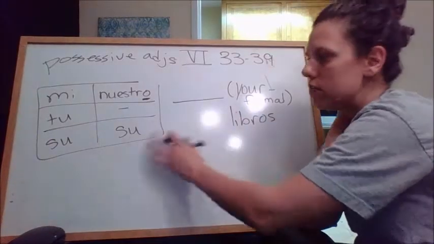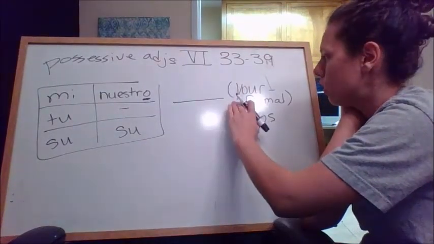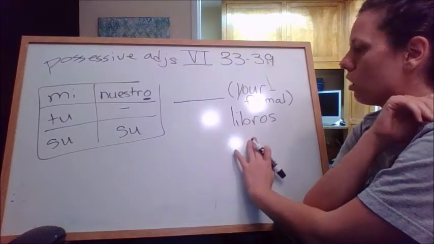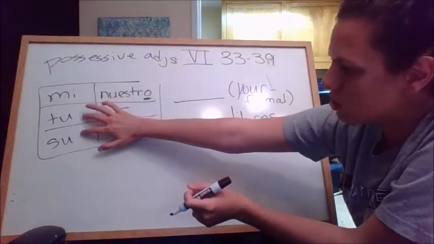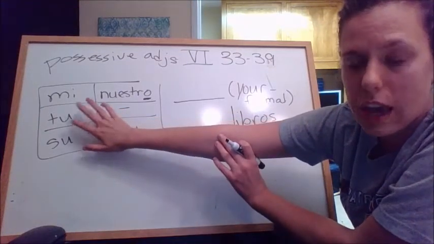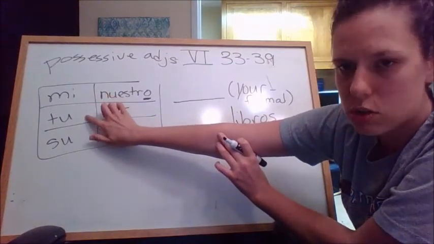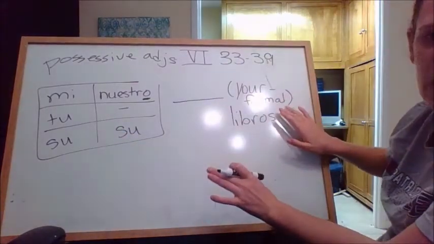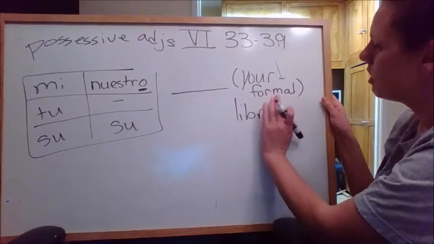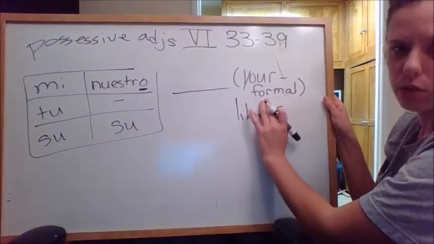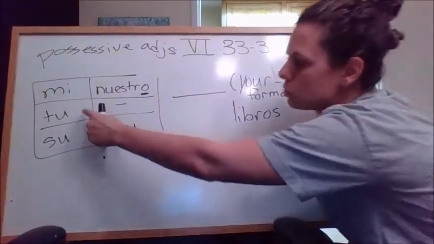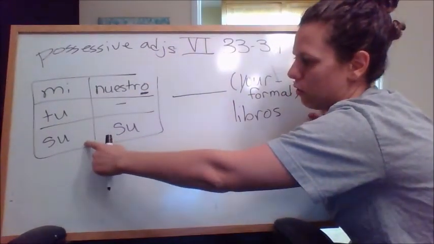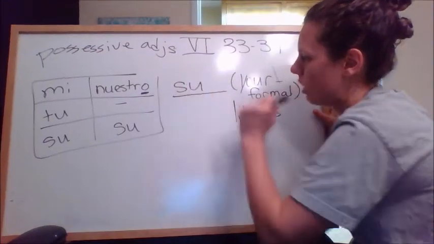So we want to pick one of these that means your to modify libros. So remember that these two right here both can mean your. This one definitely only means your. This one can mean his, her, or your. So we have to figure out which one we're supposed to use. This says your formal, okay? So this one is informal, so this one is formal. So it's got to be su, okay?